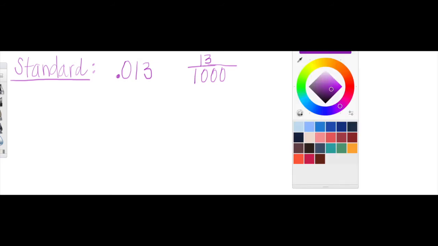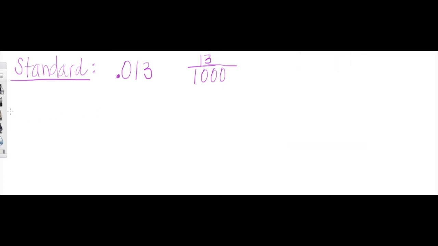Next, let's look at our unit form. We're going to do our unit form again in red. Unit form, again, is looking at this number in terms of place value. So unit form, yes, we have 0 tenths. Do we have to write 0 tenths? I bet Victoria would like to write 0 tenths. You can.